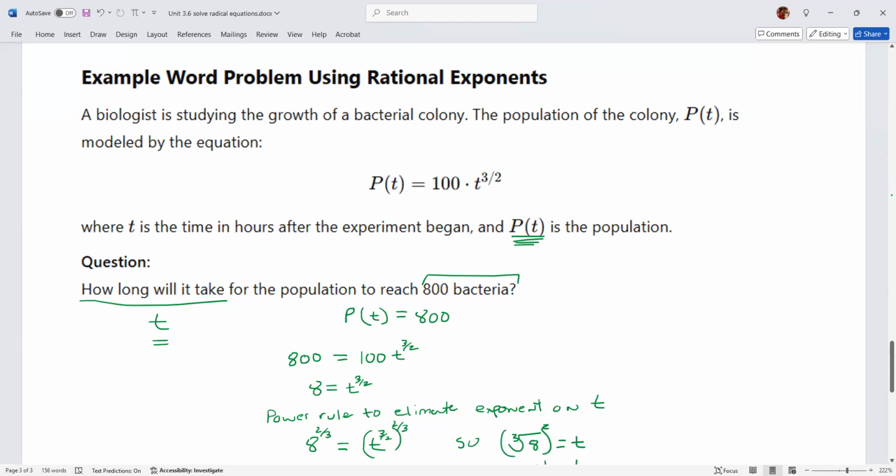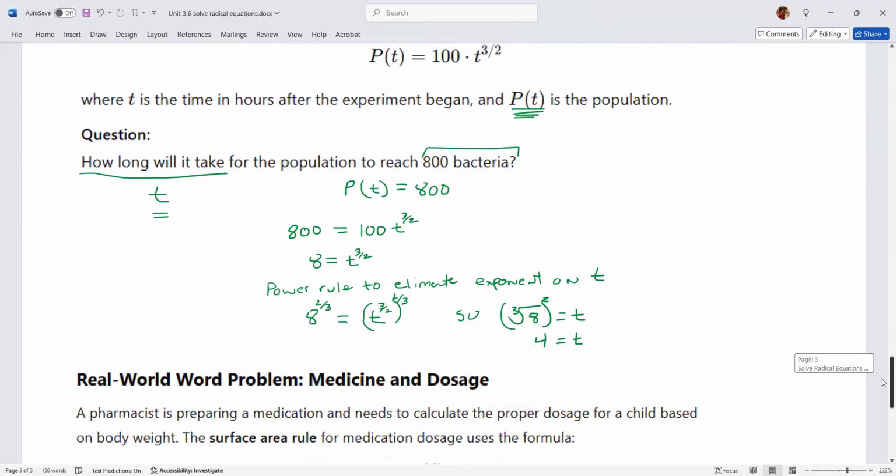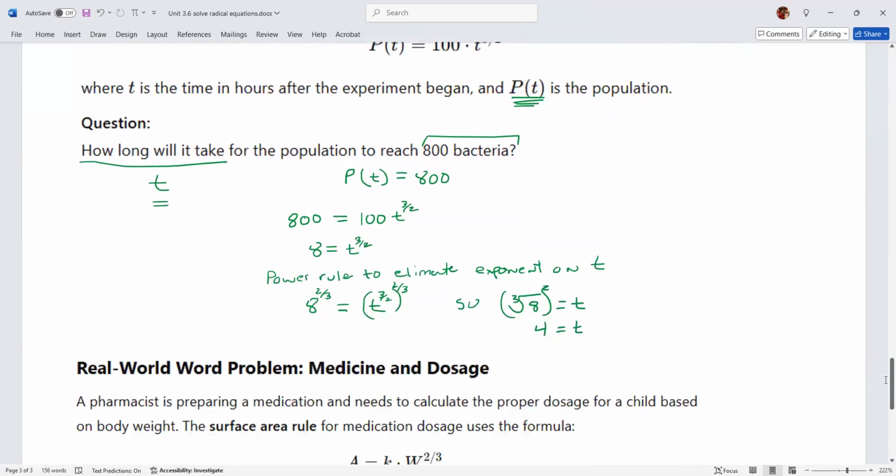Well, I want to isolate the T, so I'll divide both sides by 100. And then the little trick that you want to employ is remember the power rule, that if you take a power and raise it to a power, then you multiply. So if I want to get rid of a rational exponent, then I can raise it to its reciprocal, because anything times its reciprocal is a 1.